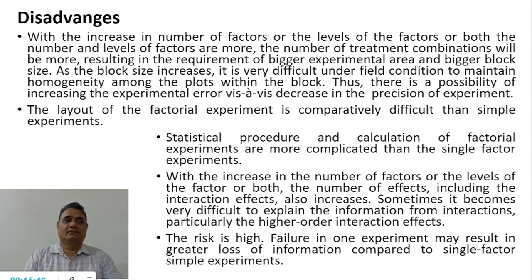Not only effects, their interactions, particularly higher order interactions, become very difficult to estimate. Risk is high. Failure in the experiment may result in greater loss of information compared to a single factor experiment. So these are a few disadvantages of using factorial experiment.